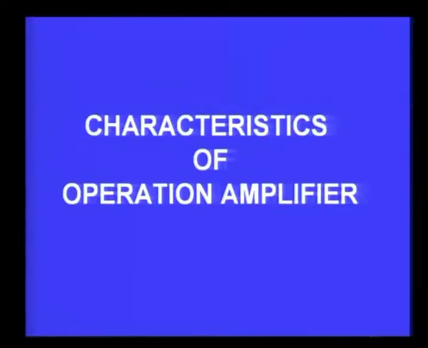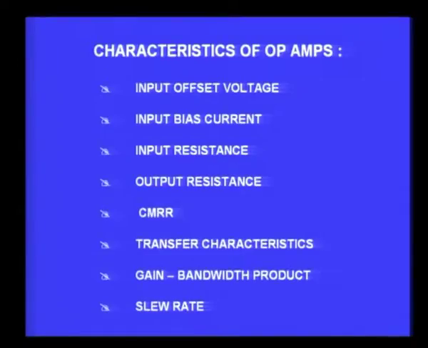You might recall that we started discussing the various characteristics of an operational amplifier. I listed also the different characteristics which are of importance in using the operational amplifiers for different applications.